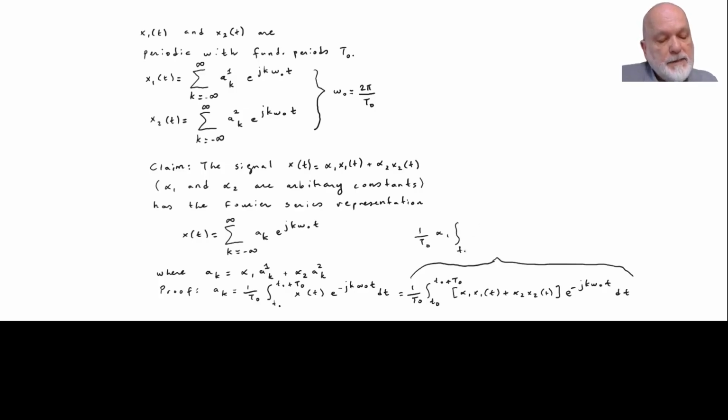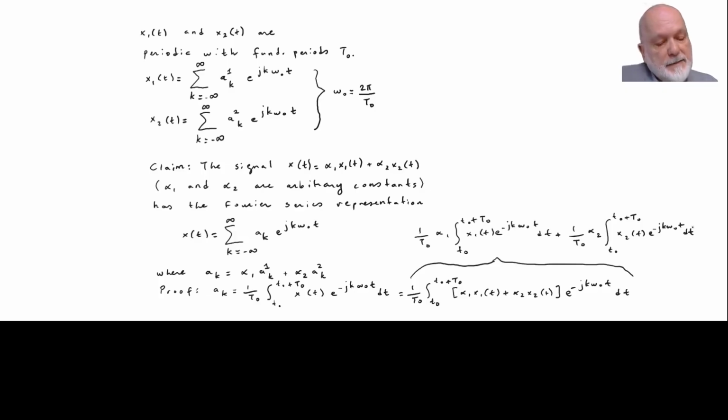The integral from t0 to t0 plus capital T0 x1 of t e to minus jk omega 0 t integrated with respect to t, plus 1 over t0, alpha 2 can also be taken outside the integral from t0 to t0 plus capital T0 x2 of t e to minus jk omega 0 t integrated with respect to t.